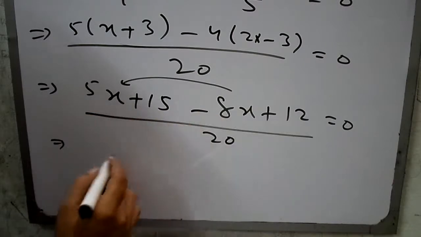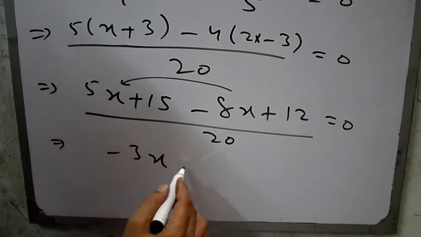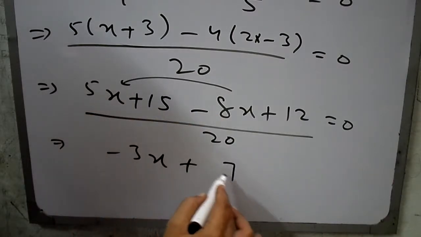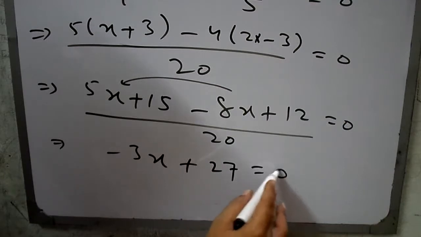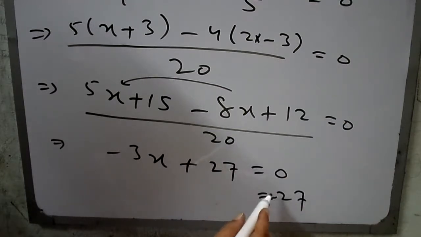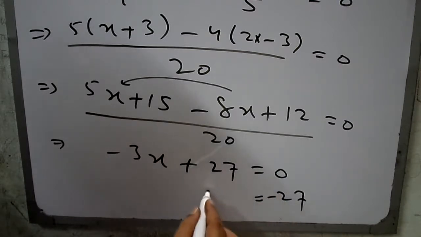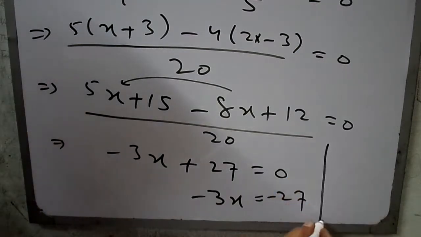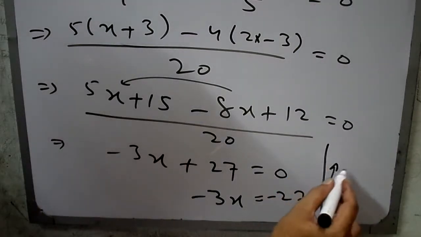Now 5 minus 3x plus 27 is equal to 0, but you need the value of x, so 27 becomes minus, shifted here.